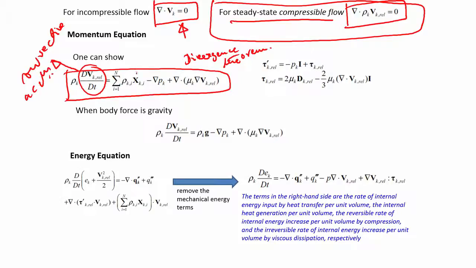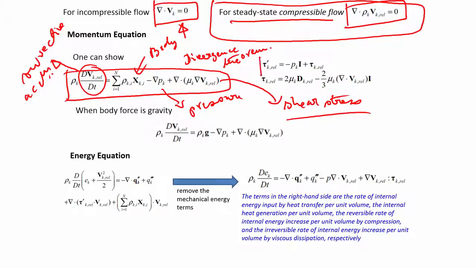This is the body force term that we already know. This is the pressure, and this is basically the shear stress term. Now, you did not see this earlier because we only defined something called tau prime k relative, which we said was the total stress.